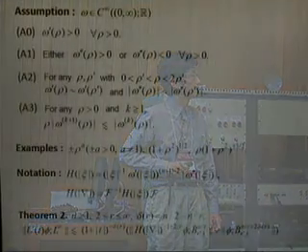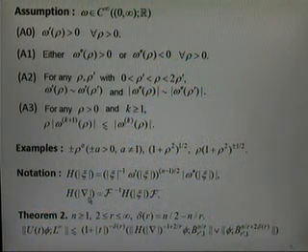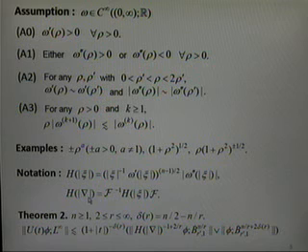I'm sorry, this L infinity should be replaced by L R. I'm sorry, this is a mistake. And this rate of decay is the same as the Schrödinger case. And this is a homogeneous Besov space.